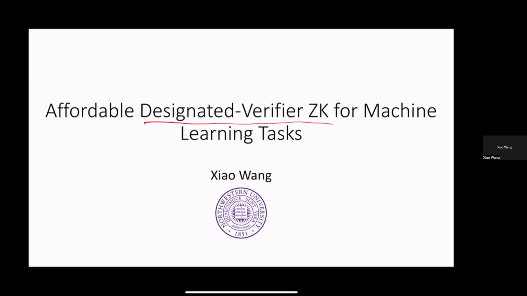It gives you many unique features, and one of the interesting features is affordability. I'm also going to talk about what that means very soon. And finally, I will talk about how it can be used to build scalable tools for machine learning tasks. If you have any questions, feel free to interrupt in the middle. We can make it interactive.